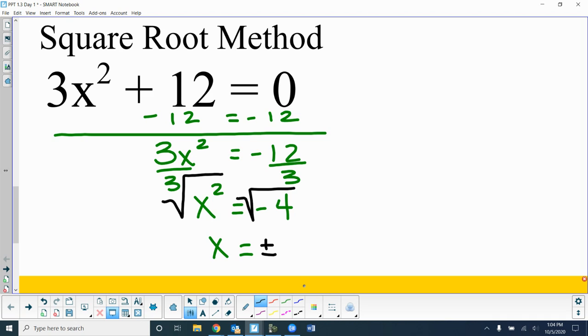Now, Mr. Myers, what is our answer? Well, you can't pick the square root of a negative number. So what did we do a few weeks ago? Plus minus 2i? Yeah, 2i. Remember the square root of negative 1? When we had a negative under the radical sign, we took the letter i out for that imaginary unit.